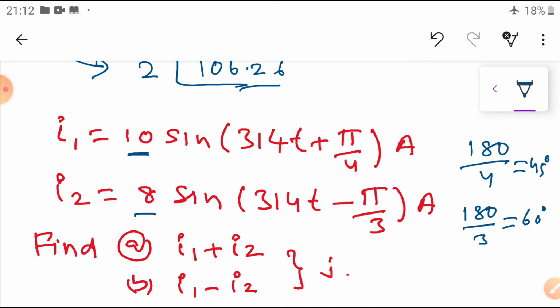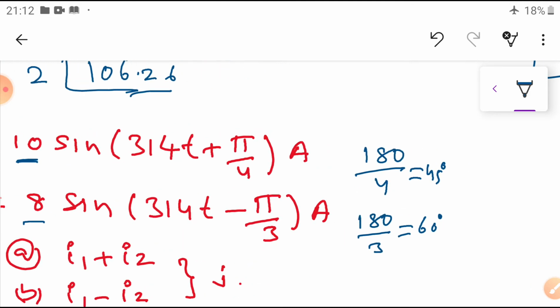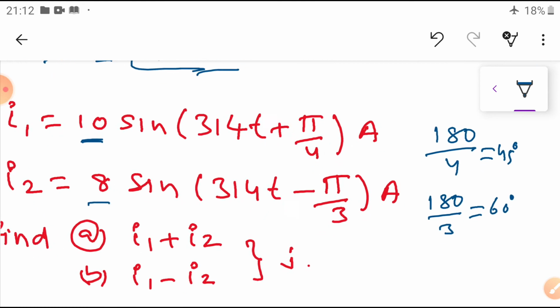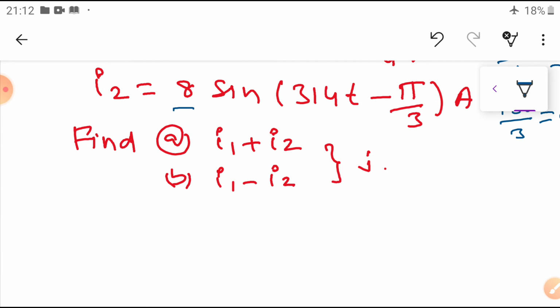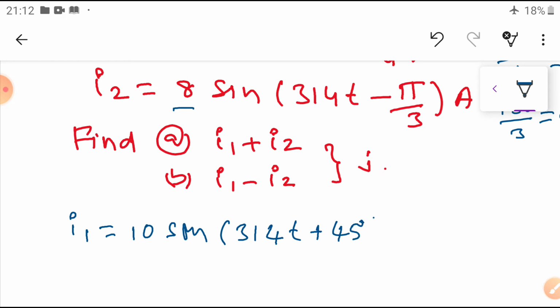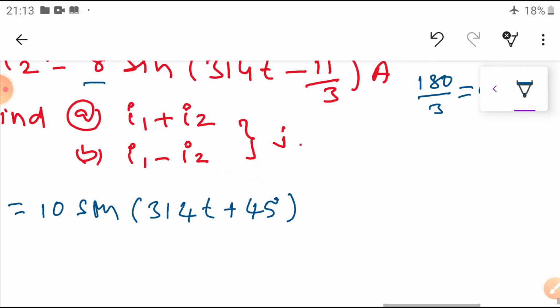Whatever value is given, I can write I1 in polar form: 10 sine of 314t plus 45 degrees is simply converted into 10 as the magnitude at an angle of 45 degrees.